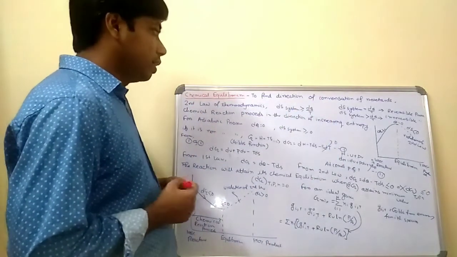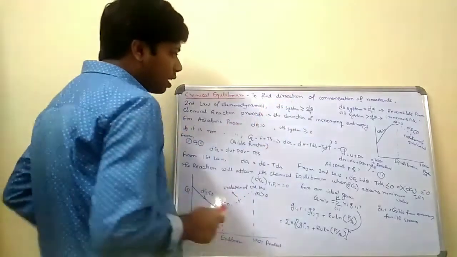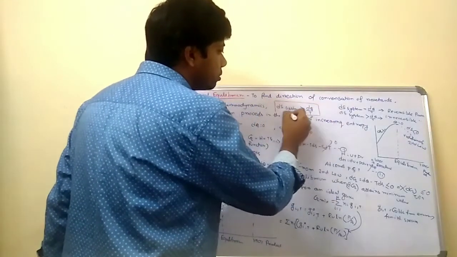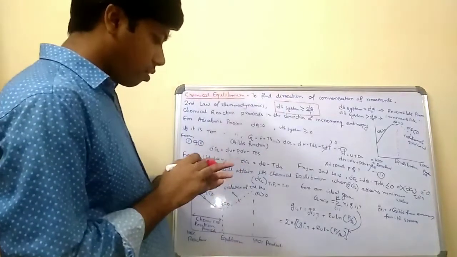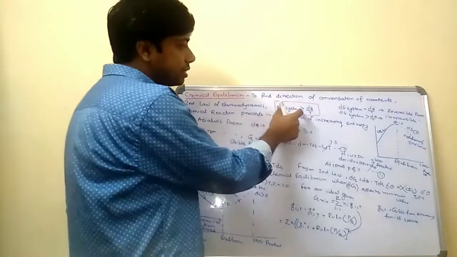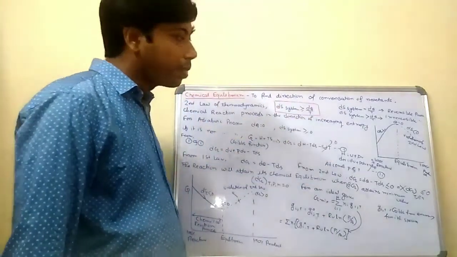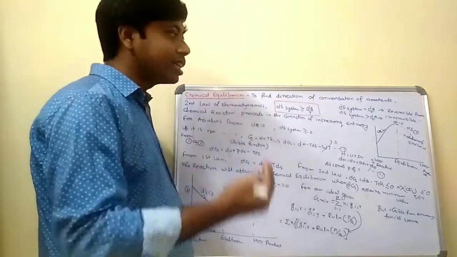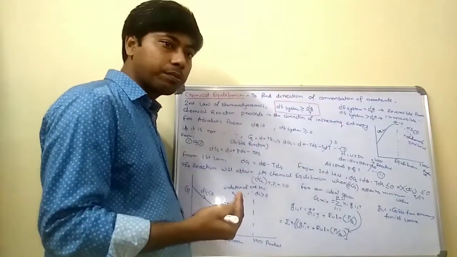If dS system is equal to dQ by T, then the process is reversible.